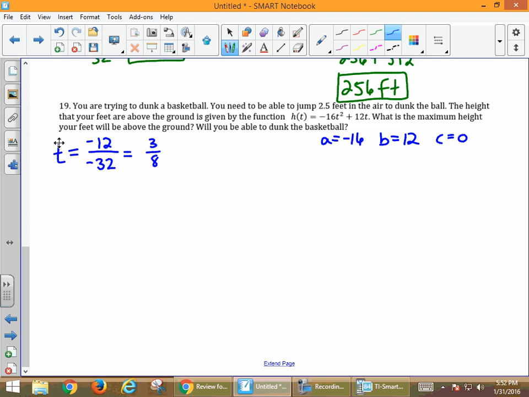So let's find the height at 3/8 of a second of our feet. So the height at 3/8 of a second, negative 16 times 3 over 8 squared plus 12 times 3 over 8.